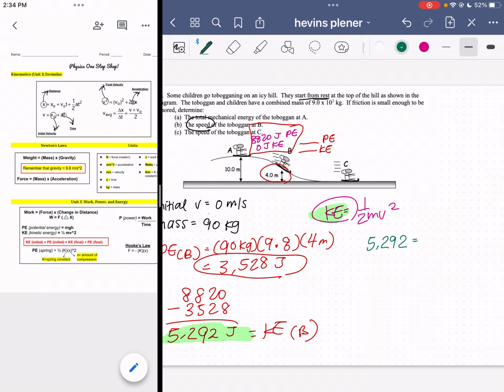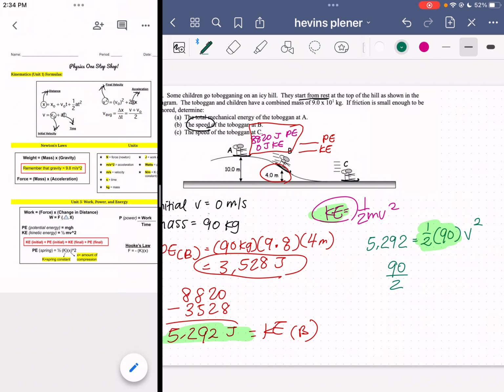5,292 equals 1/2 m, which is mass, which is 90, v squared. Okay? Common mistake. Don't take the L on this. If you have 1/2 times 90, that's just 90 divided by 2. It just is this.